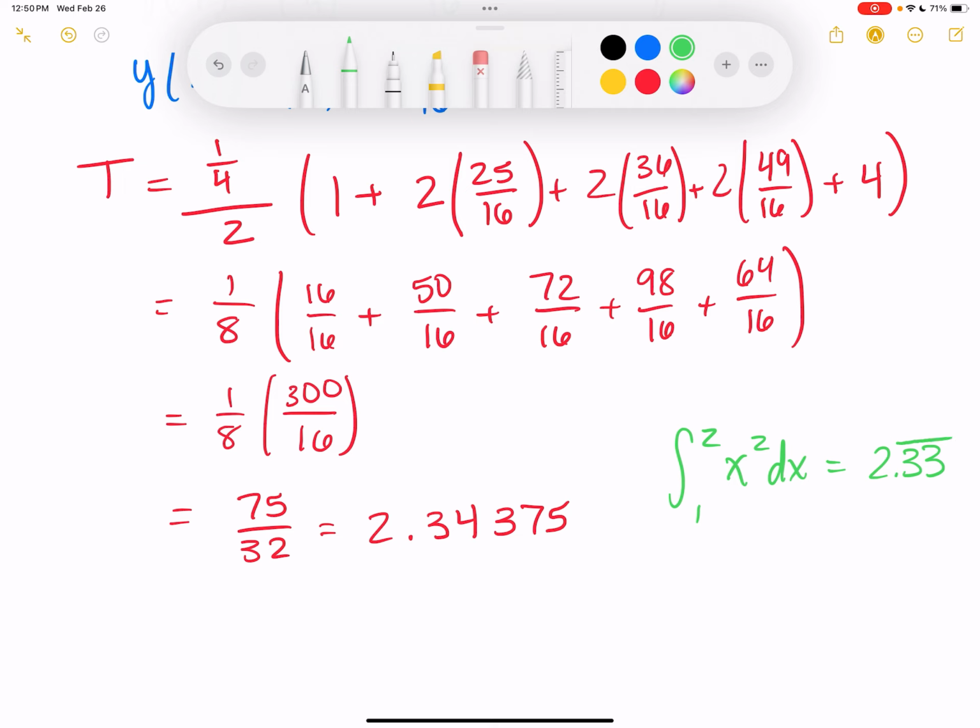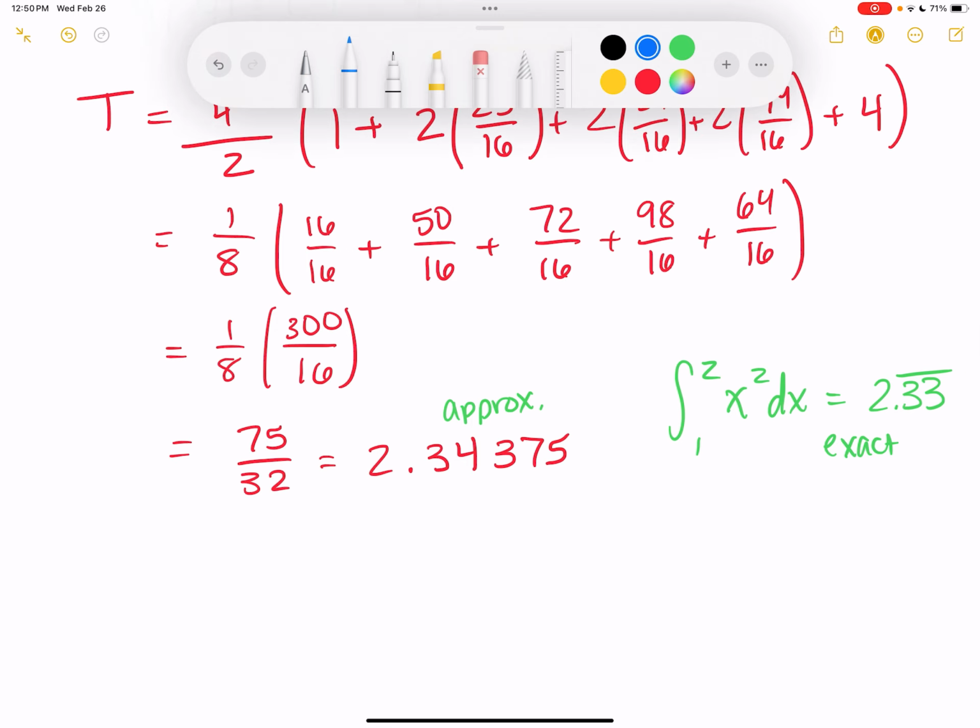So this would be the exact answer, and this is an approximation, because the trapezoidal rule is just approximating. So what we would do is the error, which is 2.34375 minus 2.33 repeating, divided by 2.33 repeating.